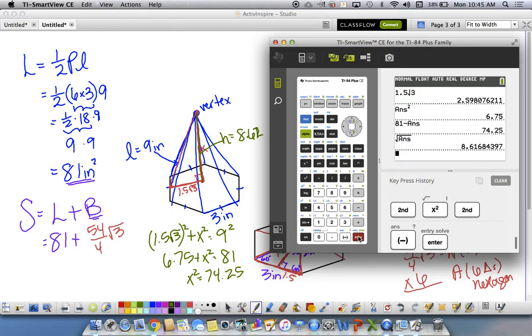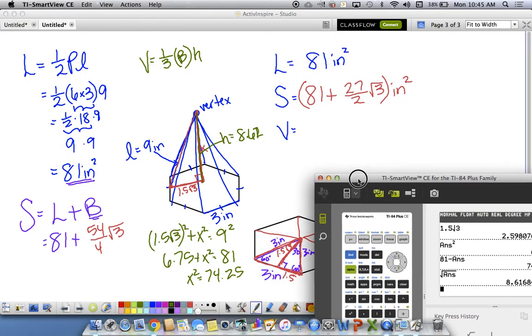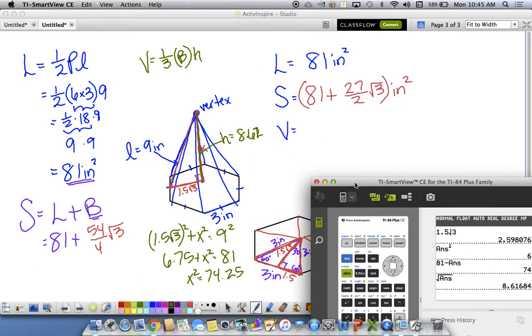So for my volume, 1/3 the area of the base, which we just found, times the height. So here we go. Volume equals area of the base times the height.